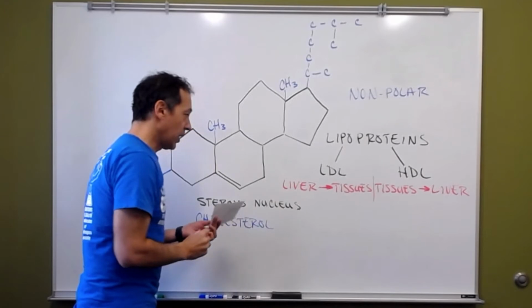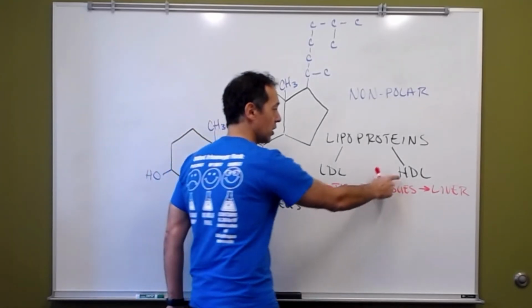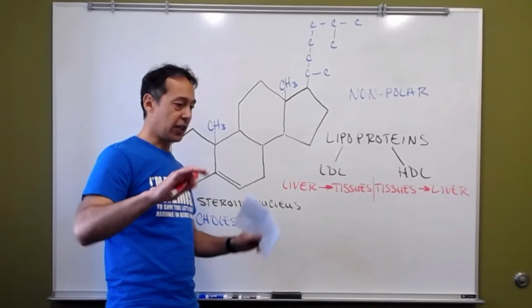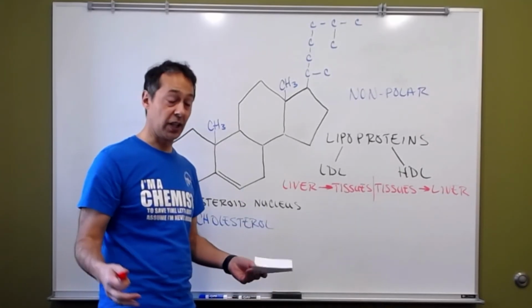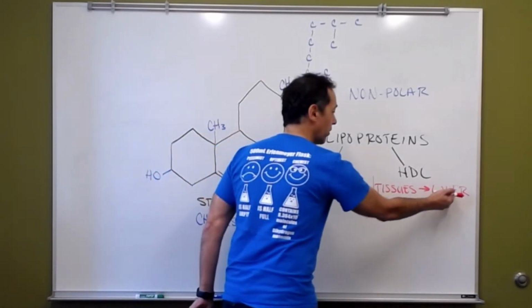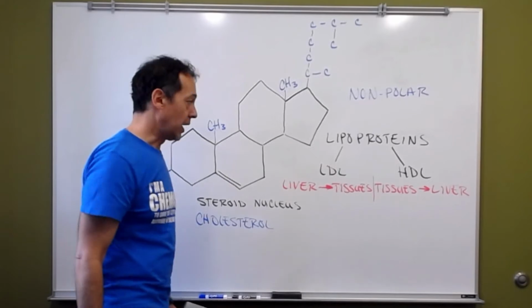And the way that I think of this is HDL is kind of like the garbage truck of the cardiovascular system. It's just kind of cruising around. It sees garbage like cholesterol lying around. It just scoops that stuff up, brings it back to the liver, so that way it can be metabolized.